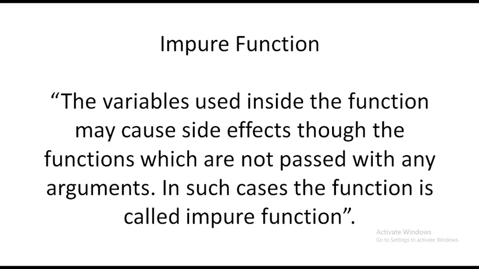The second time you use the same random function for the same 10 numbers, it will pick any number from the 10 numbers. That is what is called an impure function. That is the nature of a random function.